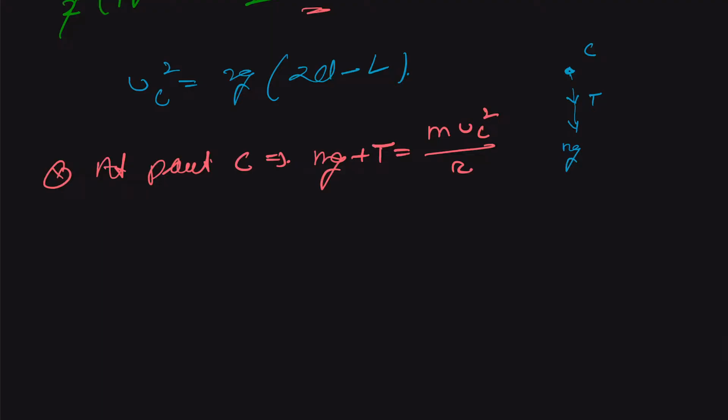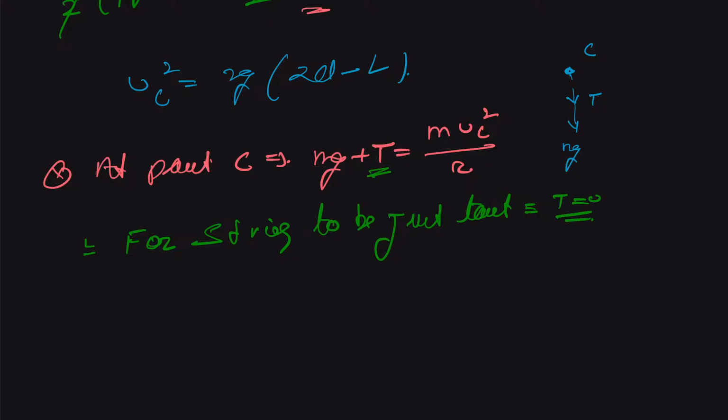Therefore we can write that for the string to be just taut, our tension is equal to 0.